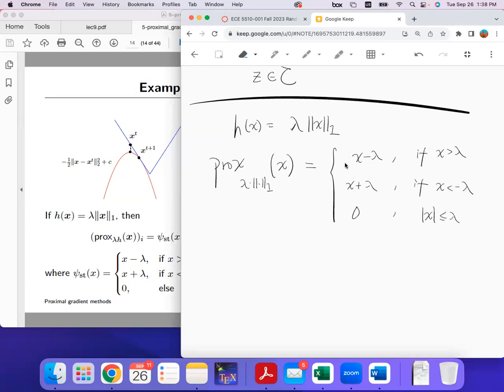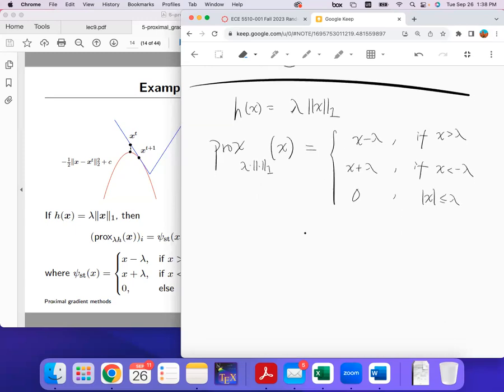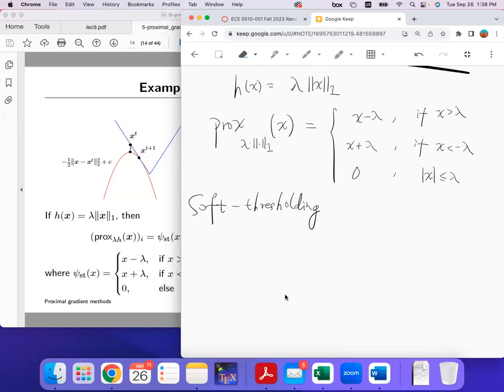There's a simpler way to write all these 3 different cases into one analytical form, but I need to check that. But this is a very simple mapping, right? And intuitively, it is called soft thresholding, because the function looks like this.